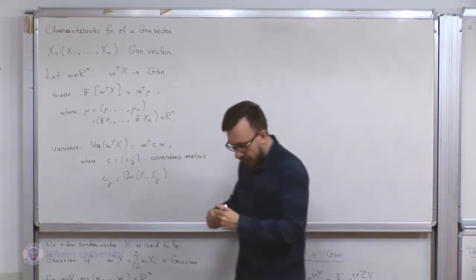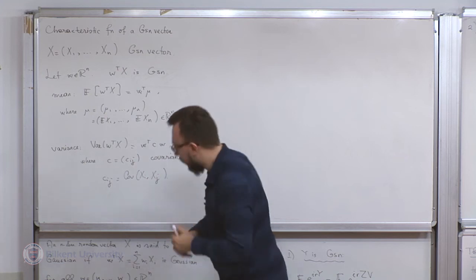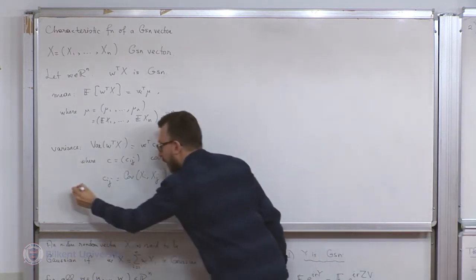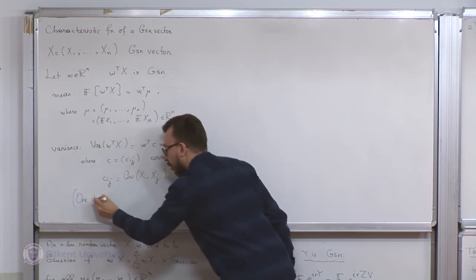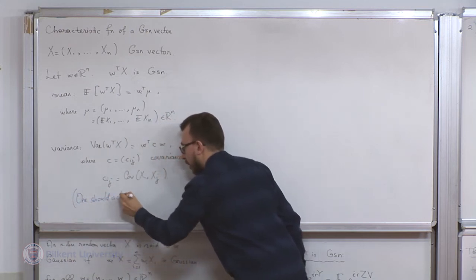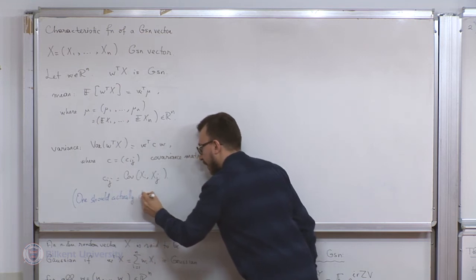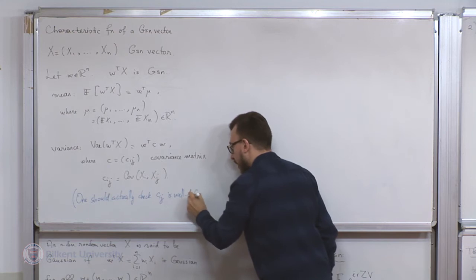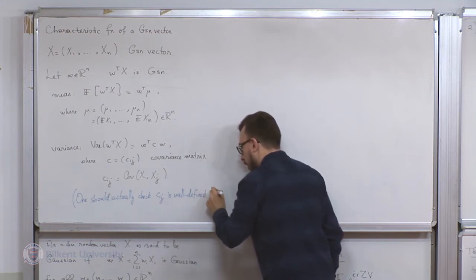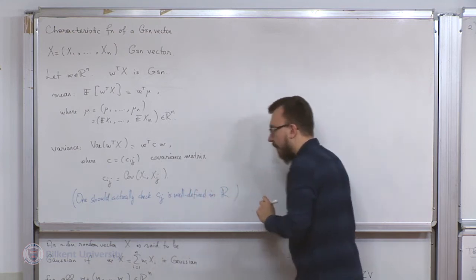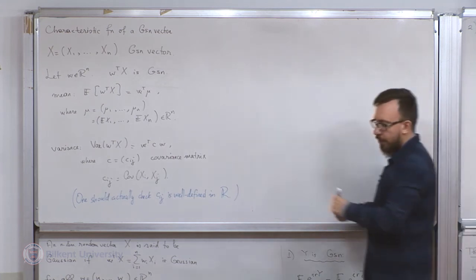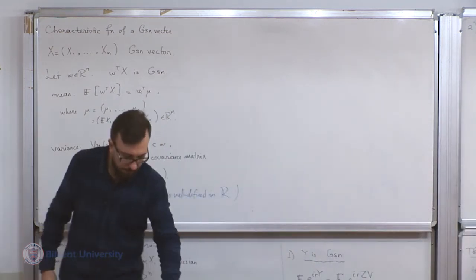One detail here, which I'm going to skip because we will come back to that later: one should actually check Cij is well defined in R, because it's the expected value of a product, which should be well defined.